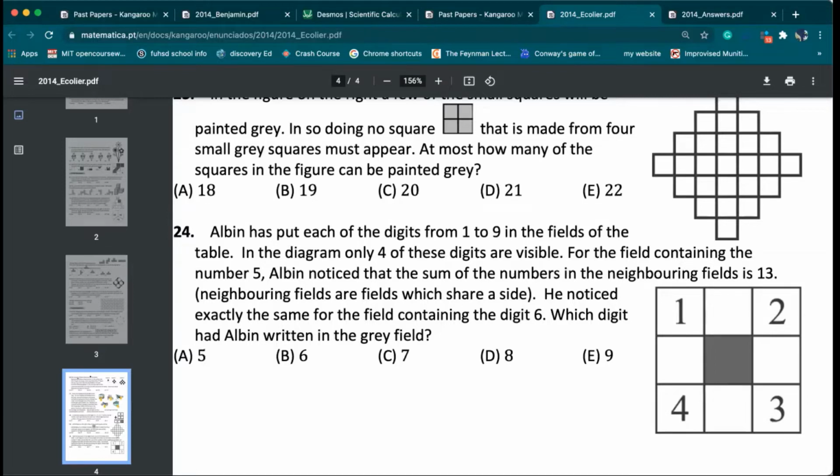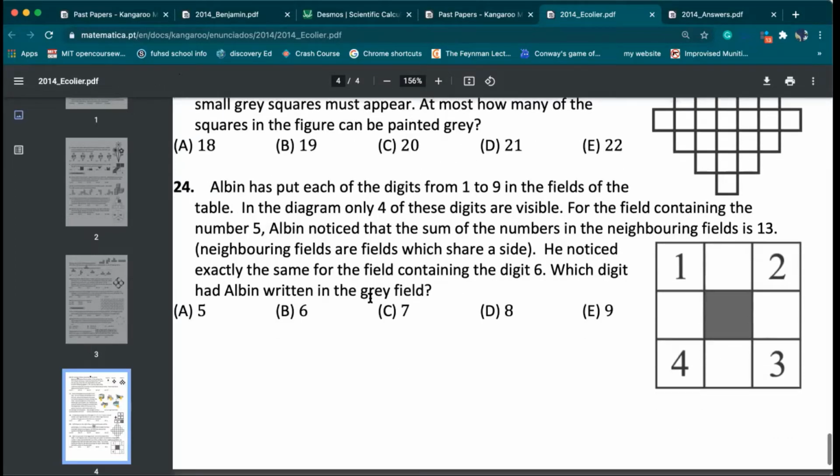So let me first open up a blank board. There are 9 numbers total in this 3x3 grid, and there are 2 numbers that we're looking for specifically, 5 and 6.